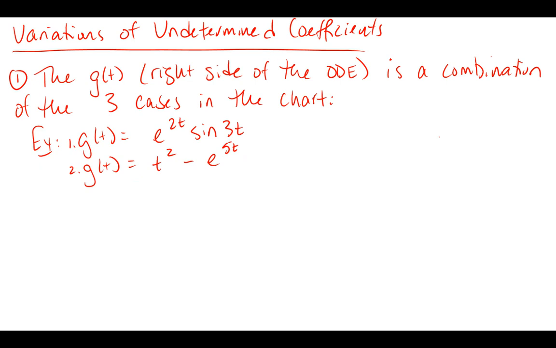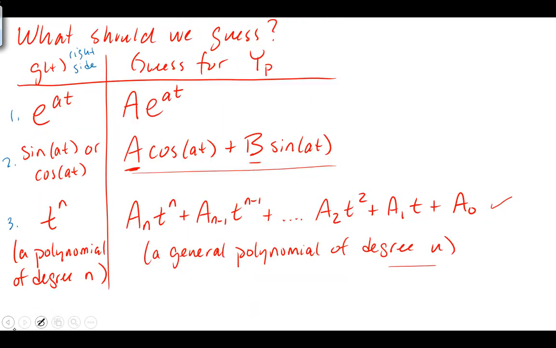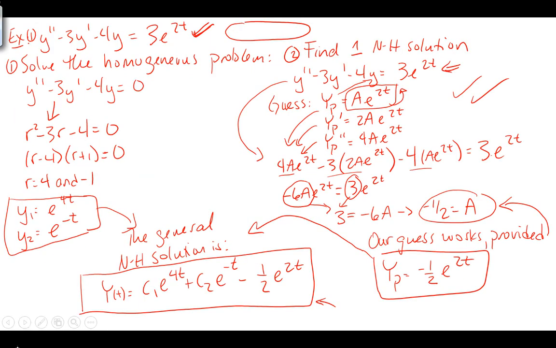Okay, so it's possible that what you have on the right-hand side is not one of these three, but is actually a combination of two, or more if you're in a really unfortunate situation. Well, let's take a quick gander at our three examples from last time. These were okay.